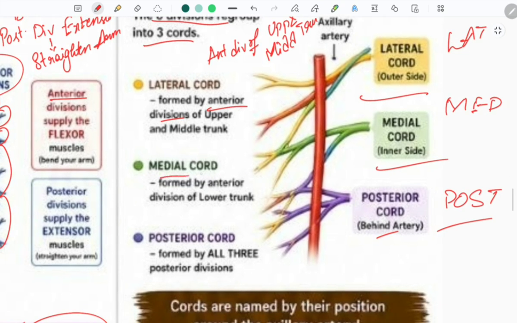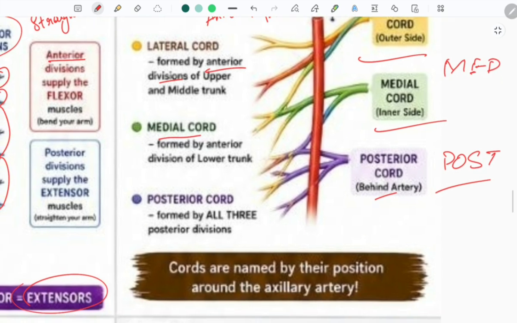The medial cord comes from the anterior division of the lower trunk. And the posterior cord is formed by all 3 posterior divisions.